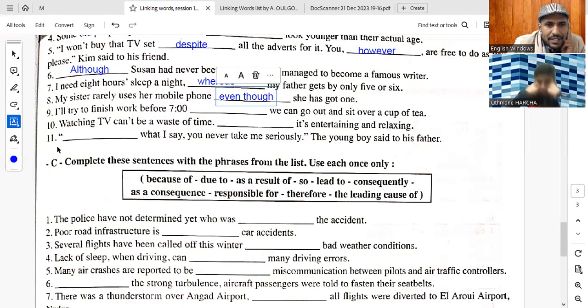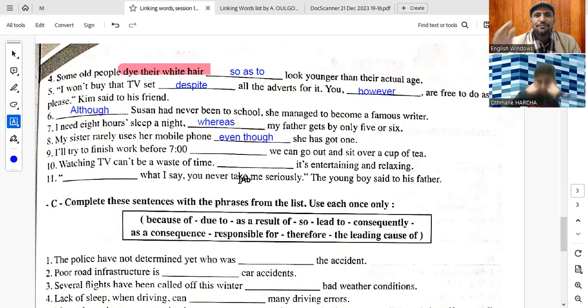Okay, let's move to number 9. I try to finish work before 7. We can go out and sit over a cup of tea. Voila, I try to finish work before 7 so that I can, oh my God, we can, right, have some time, we can go out together and sit over a cup of tea.